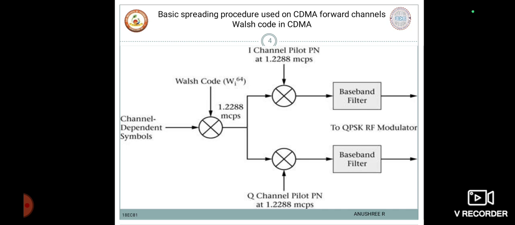Additionally, all the Walsh codes are not created equal when it comes to the amount of spectrum spreading they produce. The use of short PN spreading codes assures that each channel is spread sufficiently over the entire bandwidth.